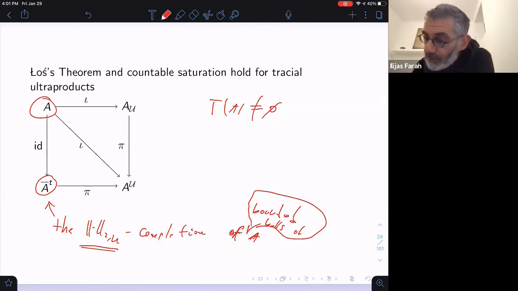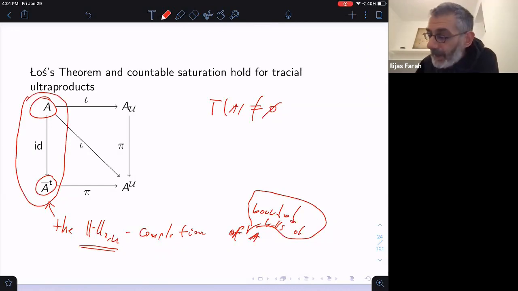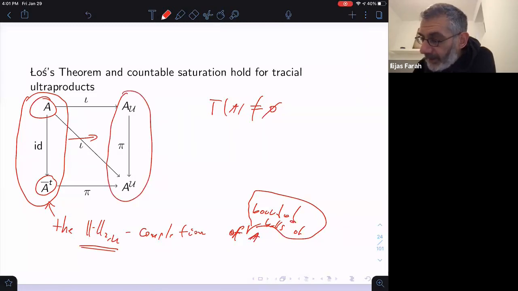So anyway, here we have this structure A and its tracial completion, and now the ultrapower. We are taking the ultrapower of this structure of A and the identity map into its tracial completion. That gives us this pair. Here A sub U is the norm ultrapower, and A super U is the tracial ultrapower. So Łoś's theorem holds.